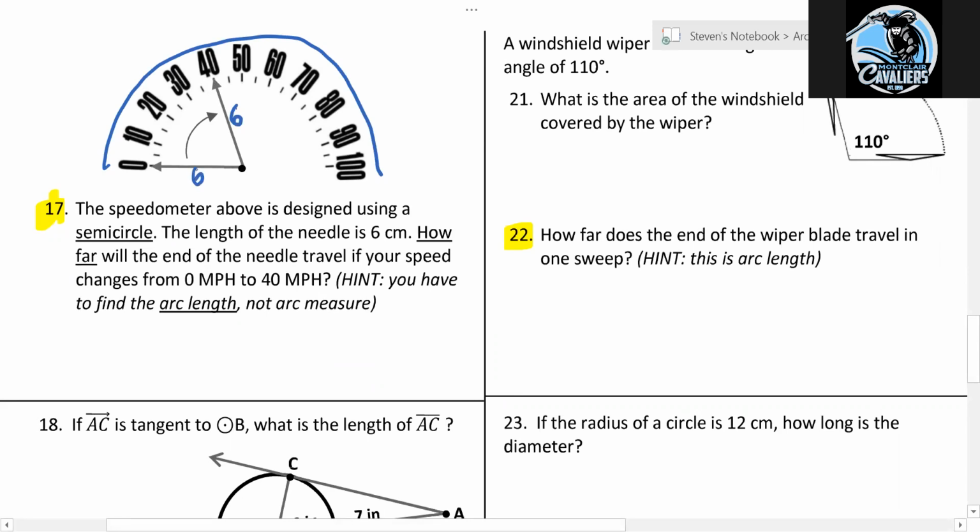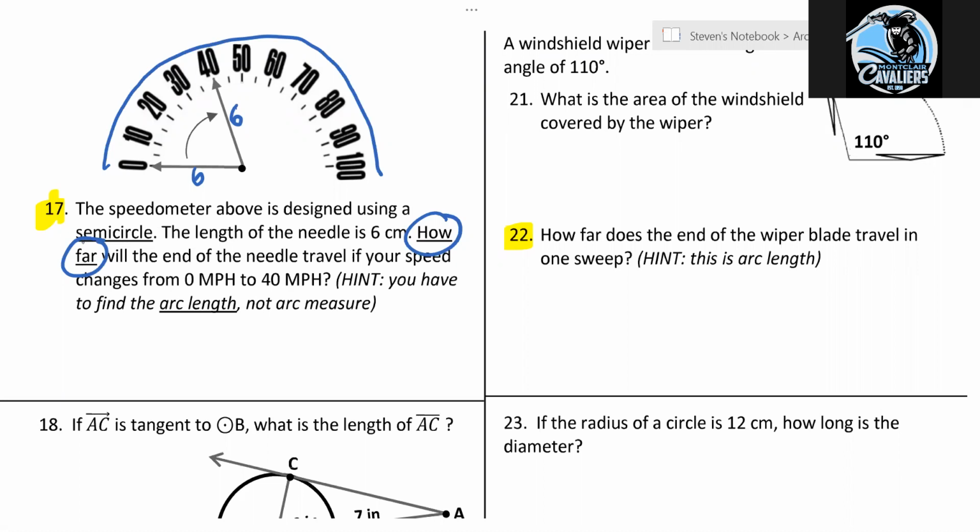Now it's saying how far. So are we going to use area or arc length? Hopefully you guys are thinking arc length, not area. It says how far will the end of the needle travel if your speed changes from 0 to 40.